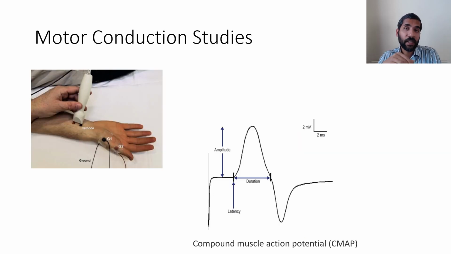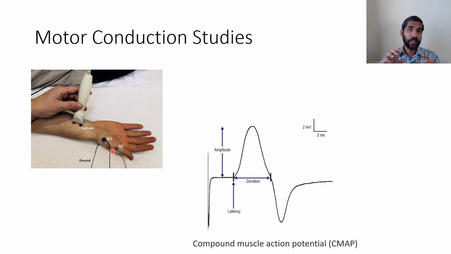And so if you want to test the nerves, one thing to test the motor nerves would be to do motor conduction studies. So in this case, what we are doing is we are stimulating the nerve at any point in the body, and we are recording EMG from the muscles.